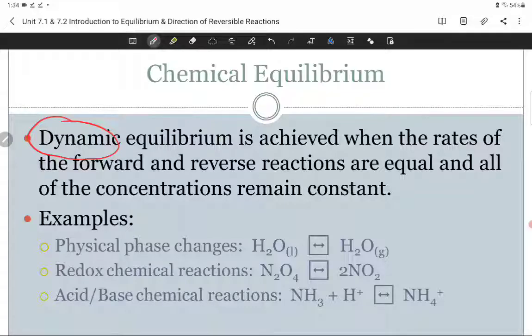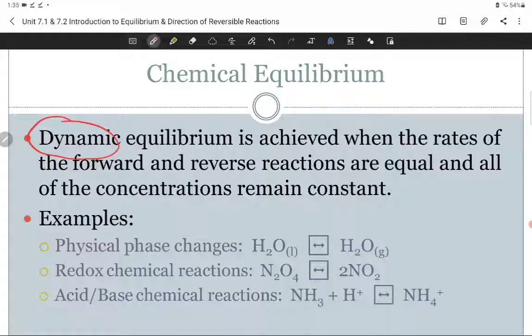Now, it may be moving in one direction at the same amount it's moving in another direction, so it's as if you don't notice it happening, but that doesn't mean that nothing's going on. So equilibrium is about kinetics, about their forward and reverse reactions and how fast they are going.